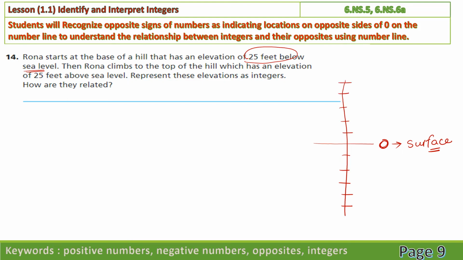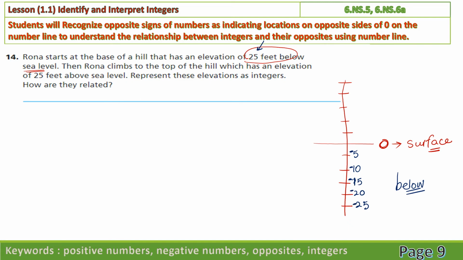Let's try. Here we have 25. If I write 1, 2, 3, 4, 5, it will be a very long scale. So why don't I take the multiples of 5? I know that 25 is a multiple of 5, so I can write 5, 10, 15, 20 and 25. But it is below the surface, so whenever I have to express any number below the surface, I have to put a negative sign.